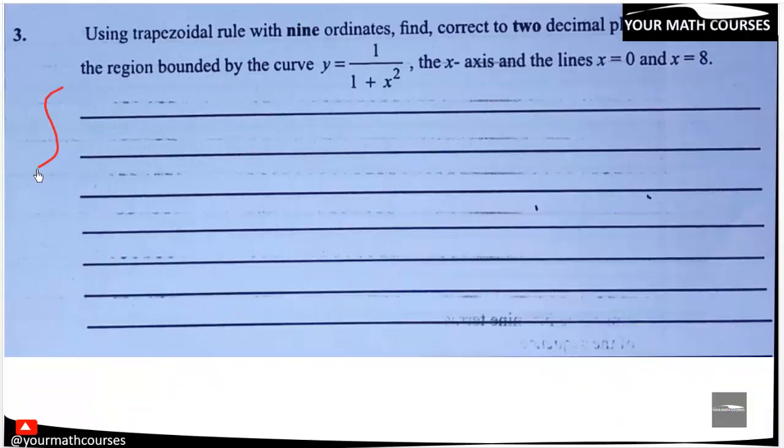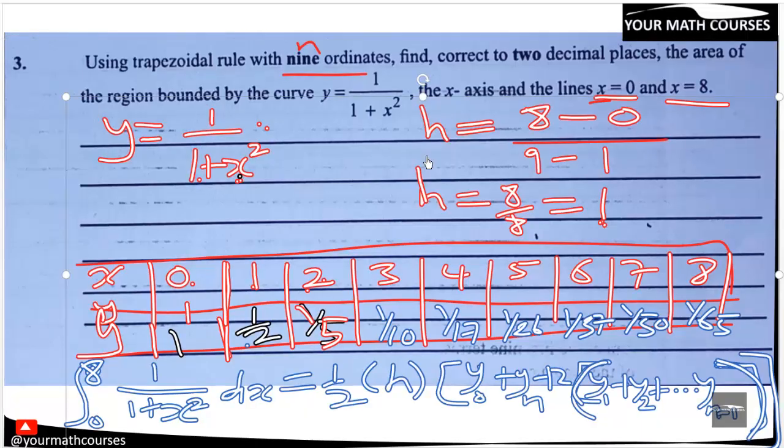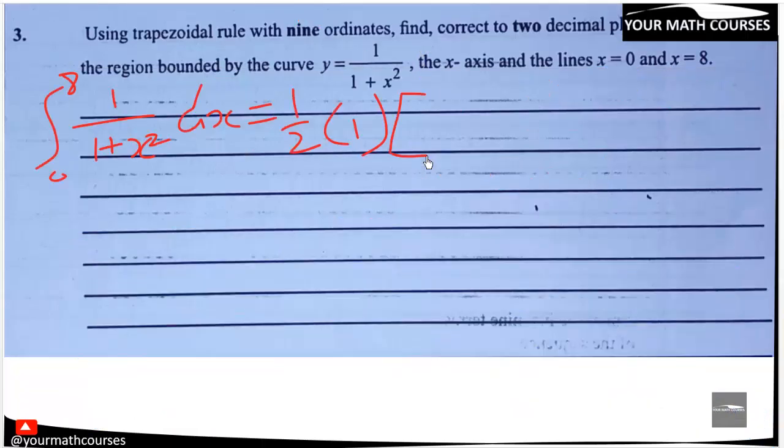So we have the area from 0 to 8 of 1 over 1 plus x squared being equal to 1 over 2 times 1, which is h. Then we have the first y value here is 1, and the last one is 1 over 65. So the first y value is 1 plus 1 over 65. Then we have plus 2 times all the remaining y values.